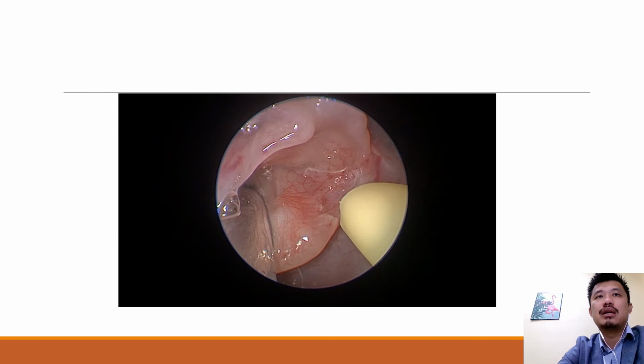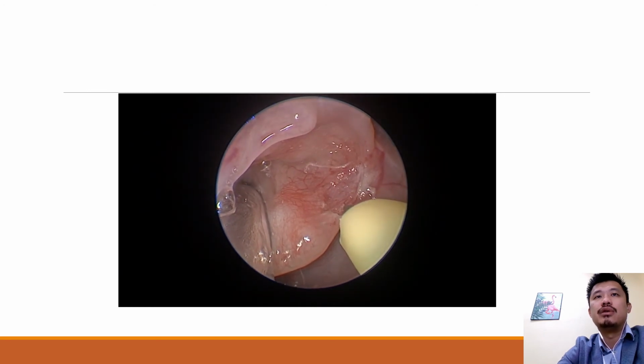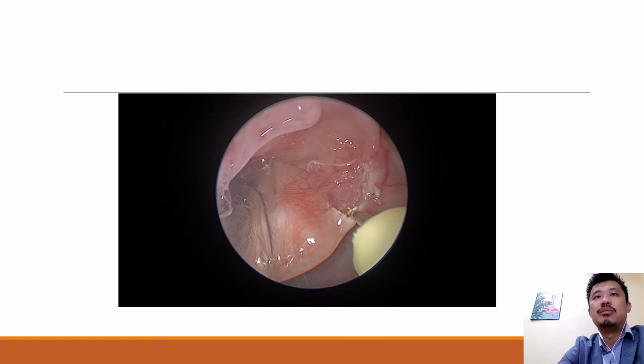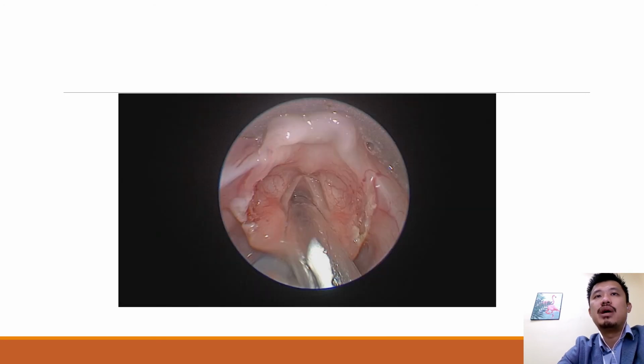This is on the right side. This is the epiglottis, so this is anterior, this is the posterior part. Using diathermy, we proceeded to release the band, so this will lengthen the AE fold. And this is the end product of the surgery, the supraglottoplasty.